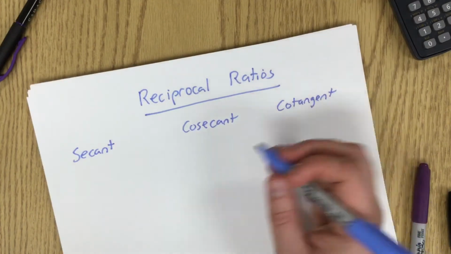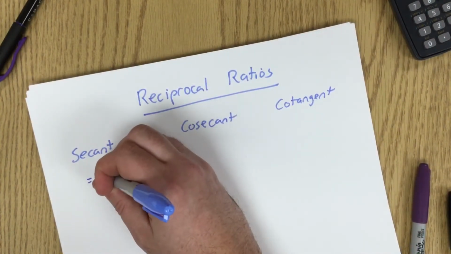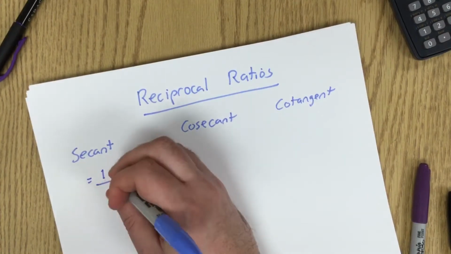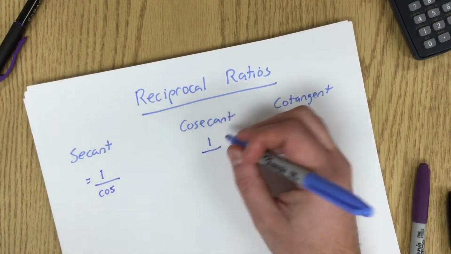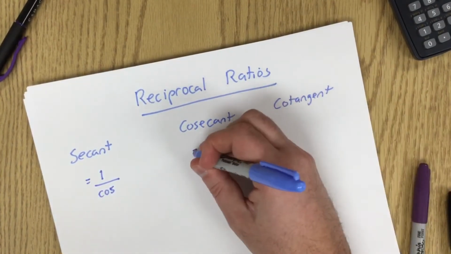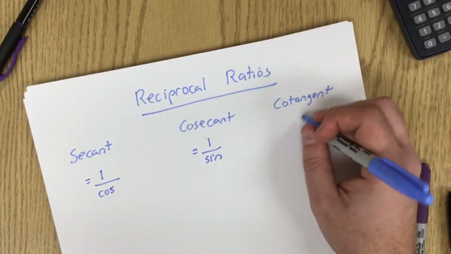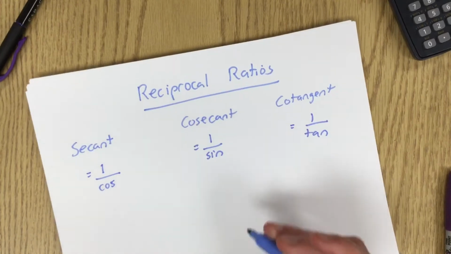The secant ratio is defined as 1 over cosine. The cosecant sounds like it would be 1 over cosine, but it's really 1 over sine. And the cotangent is 1 over, well, at least that one makes sense, tangent.